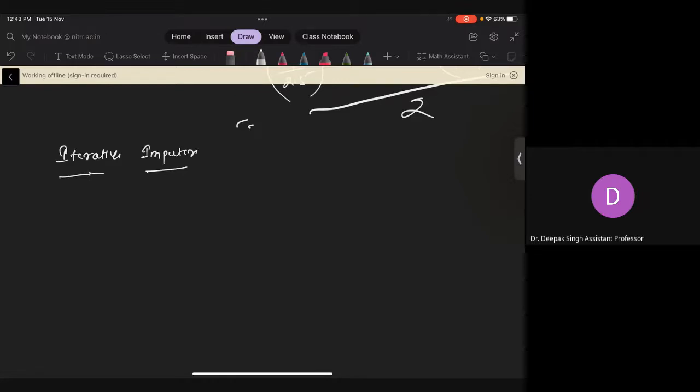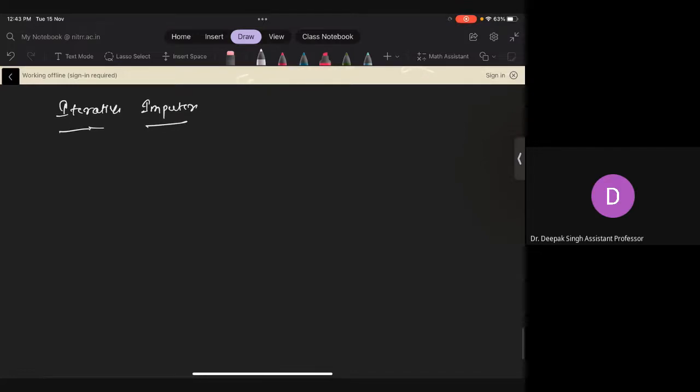On the iterative imputer, see, this is also important from the perspective that we are going to see one research paper, which is Deep Learning for Missing Value Imputation of Continuous Data and the Effect of Data Discretization. Okay, so the iterative imputer is a method which is used in this paper. I'll tell you how.